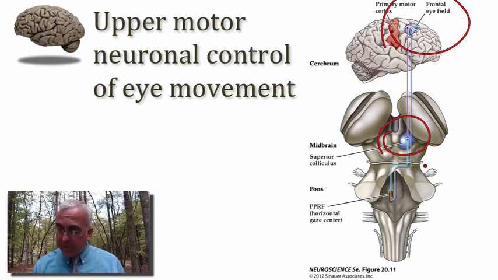Okay, so what these two structures do is that they begin to fire just before the generation of a saccadic eye movement. And that timing suggests that they have a role to play in generating the command signals about what kind of saccade to make, both in terms of the amplitude of the movement as well as the direction.